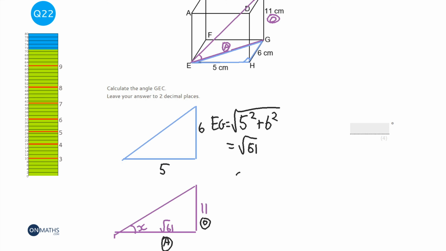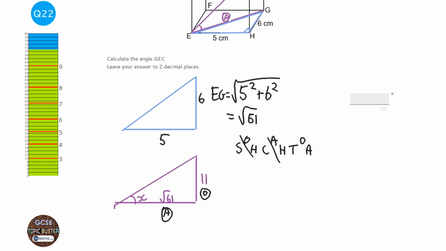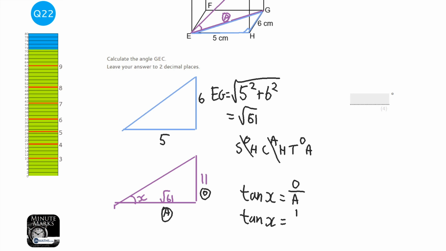We need to just quickly write SOHCAHTOA so that we can check which one it's going to be. And it's TOA that has the opposite and adjacent. And so we're going to write down tan x equals opposite over adjacent. Tan x equals, well, the opposite's 11 and the adjacent is root 61.